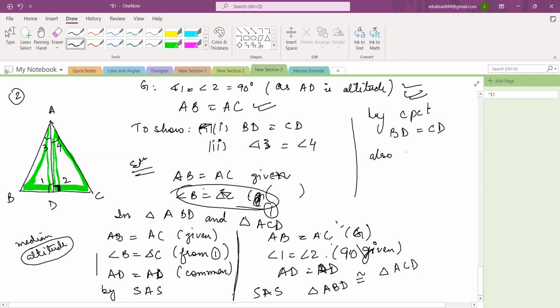Now since the two triangles are congruent, also by CPCT, angle 3 is equal to angle 4. Therefore we can write that AD is the perpendicular bisector of BC.